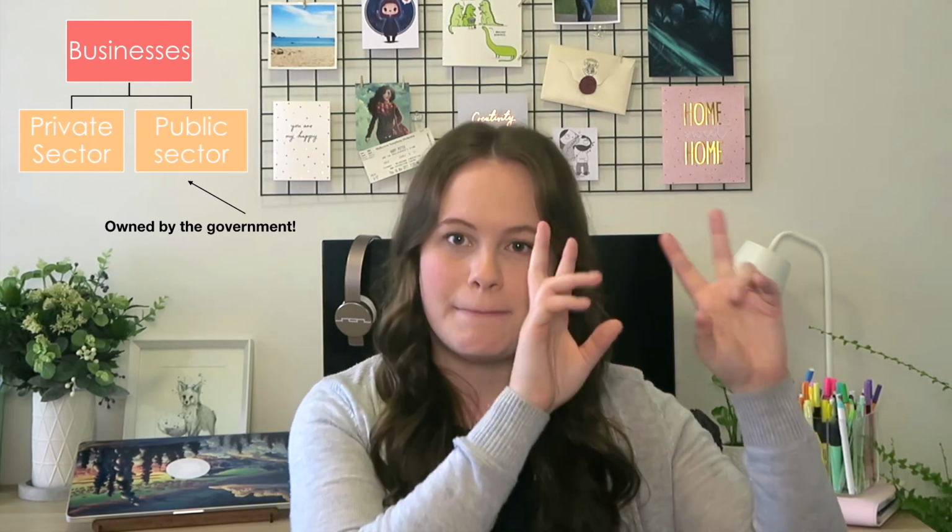The rule of thumb here is that a public sector company is only one that is owned by the government. So a government business enterprise is the only type of organisation that you will place into that public sector category. Everything else is a private sector business because it's owned either by an individual, a group of individuals, or an institution.